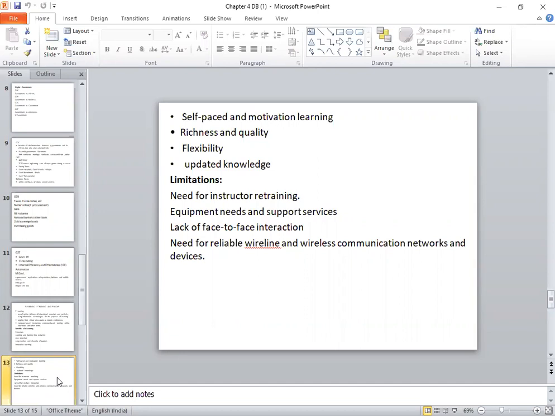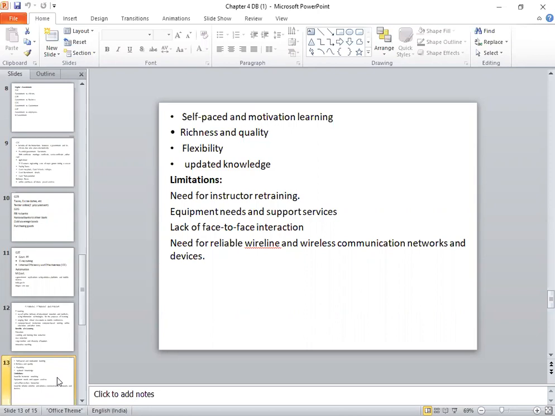Here there are no limitations as far as updated knowledge is concerned. Through the online mode, as more people get involved, the updated pool of knowledge is added to the existing knowledge, and hence the learners at every point of time get the revised version of the content. It's not the old version. So these are the benefits.